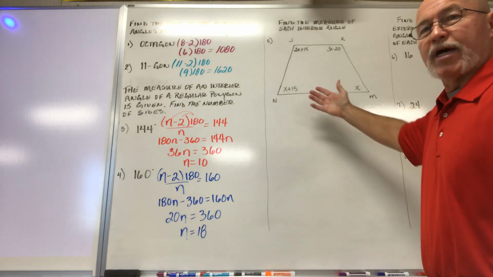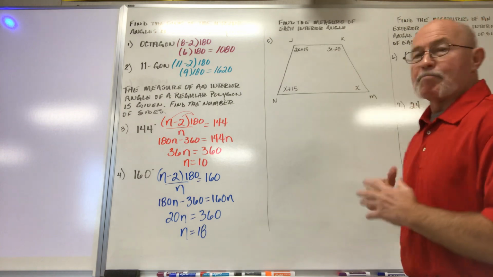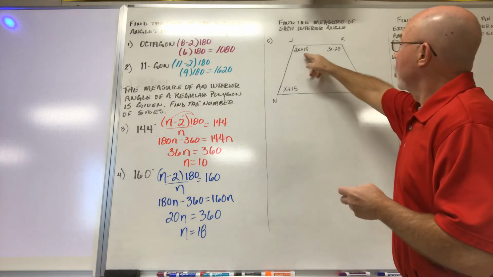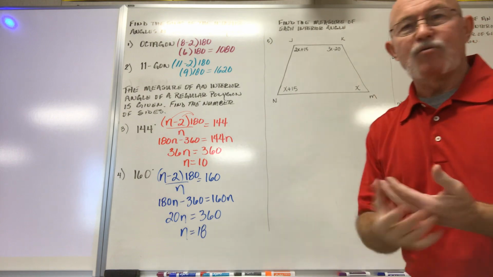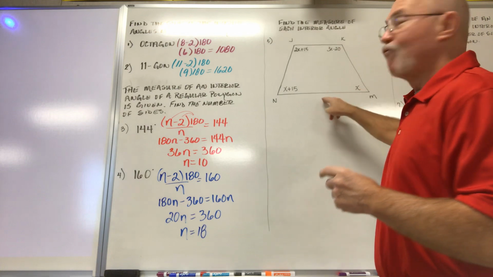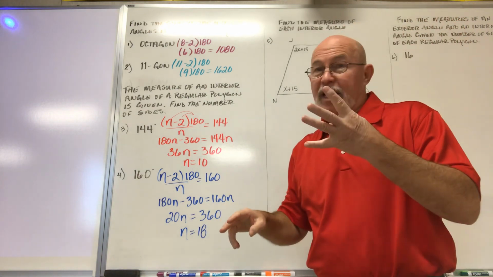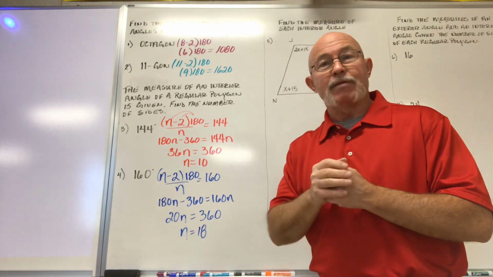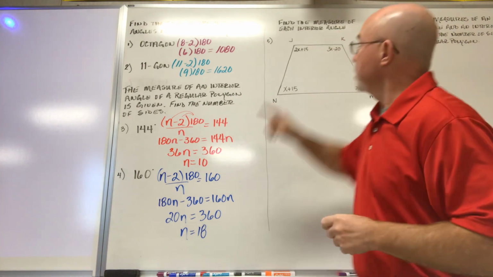Now, we come to a problem that says, find the measure of each interior angle. They're represented with variables. What do we know? Well, 4 sides, so n minus 2 times 180. 4 minus 2 times 180, 360.